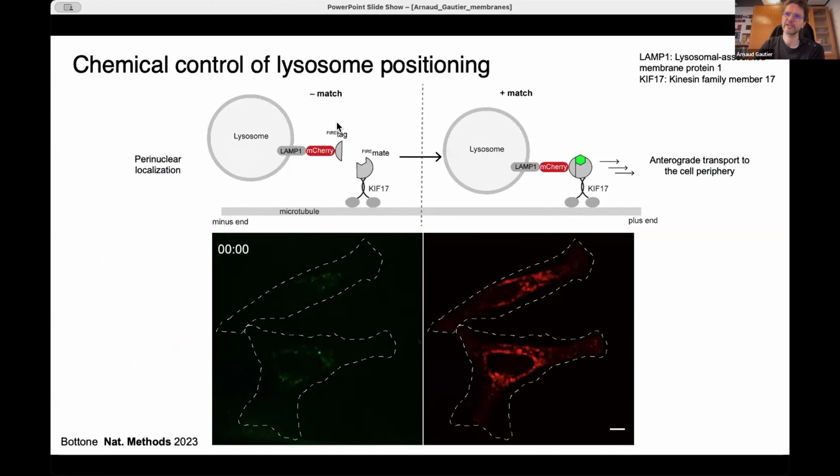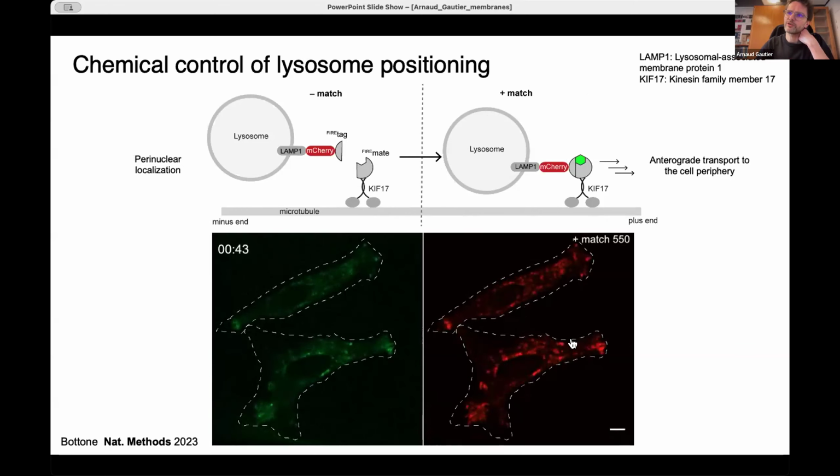To do this, we express FIRE-tag at the surface of lysosomes and FIRE-mate fused to KIF17, kinesin family member 17 from neurons. In the absence of MATCH, you see the perinuclear localization of the lysosomes. If you add MATCH, you induce the interaction between the lysosome and kinesin, and we observe anterograde transport of the lysosomes to the cell periphery.